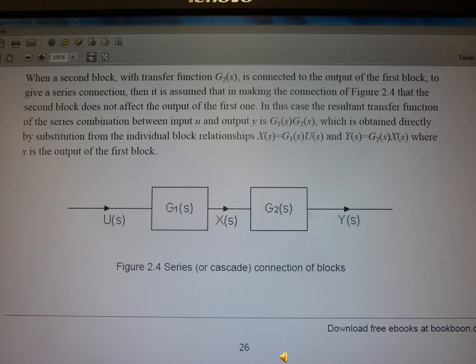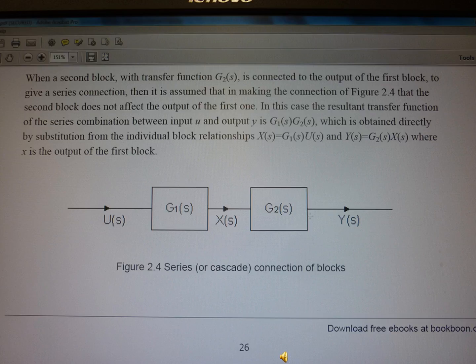In this case, we can utilize a solver in MATLAB. G1(s) and G2(s) are two transfer functions. The total input is U(s). After passing through G1(s), the output will be A(s). The A(s) function also passes through G2(s), so the final output will be Y(s). So this is the series, or cascade, connection of the blocks.